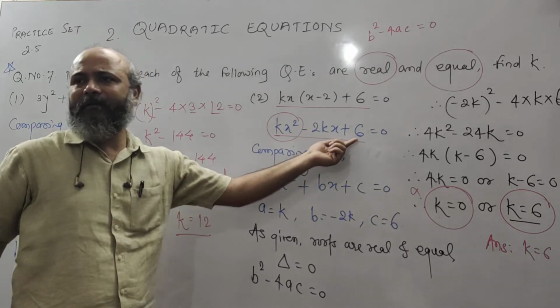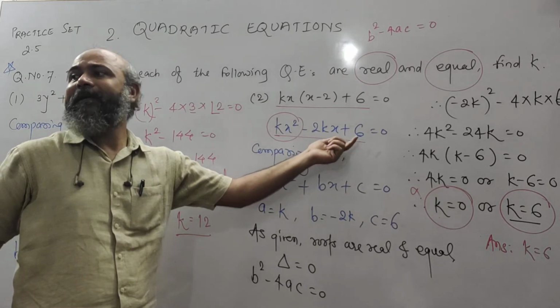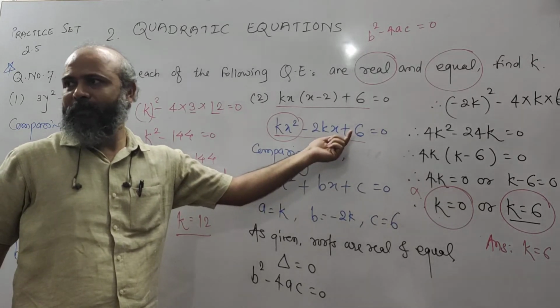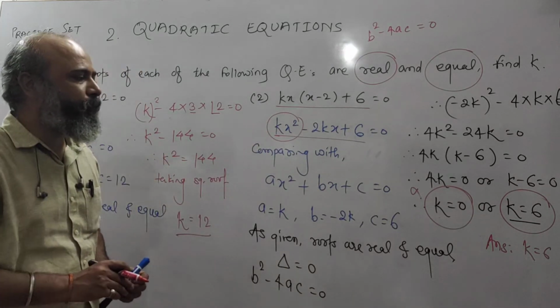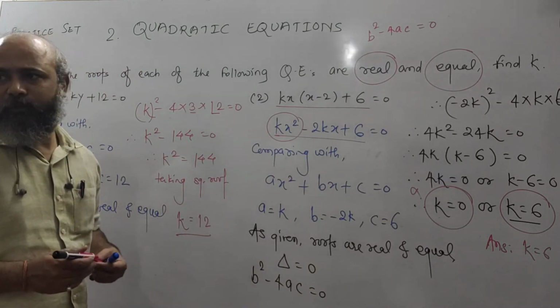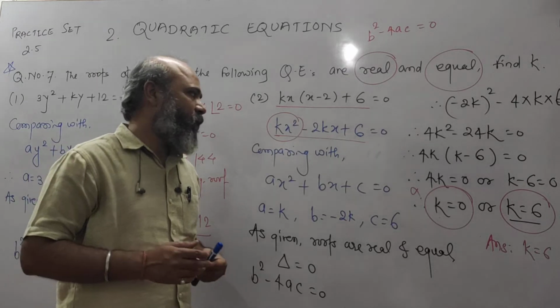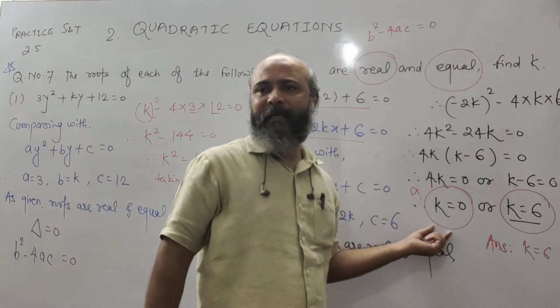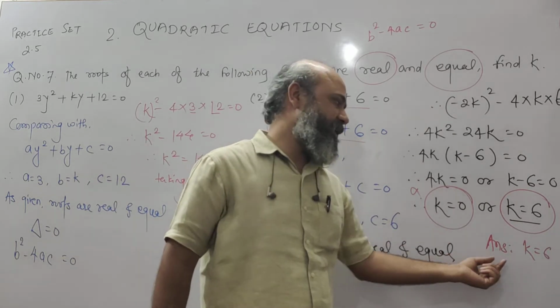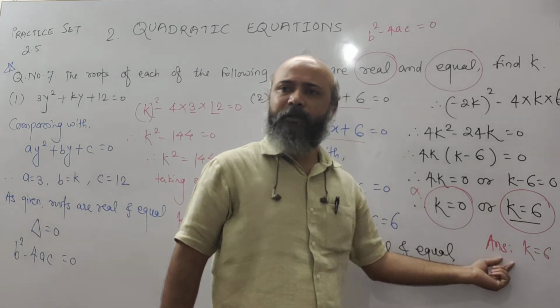So we will not get a quadratic equation, we will get a constant equation. Therefore we are not going to consider k is equal to 0. So our answer is k is equal to 6.